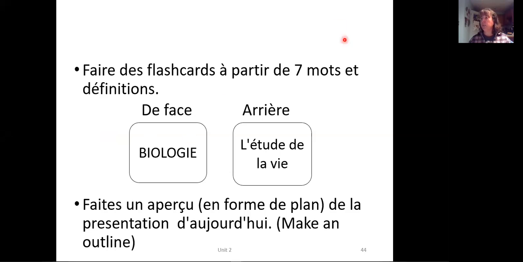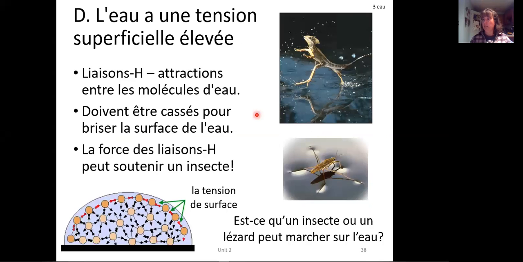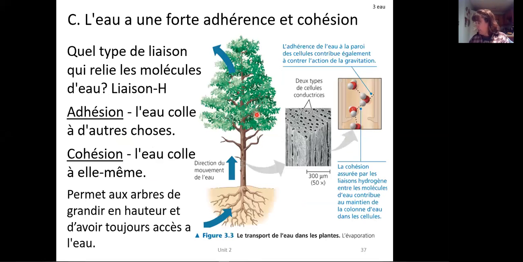And then we can go back through the lecture and find some words or terms that we want to practice. Like, oh, let's do adhesion. So I am going to write adhesion on one side.